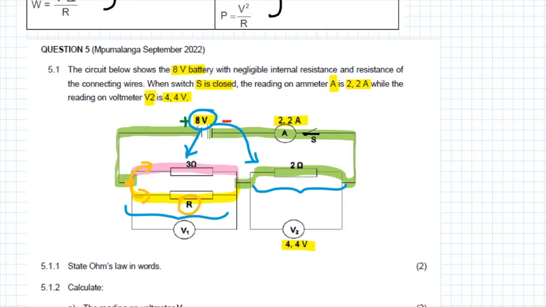So we see potential difference is divided, and at this point the current is going to be divided. It will come back together over here. But current divides in parallel while potential difference divides in series.